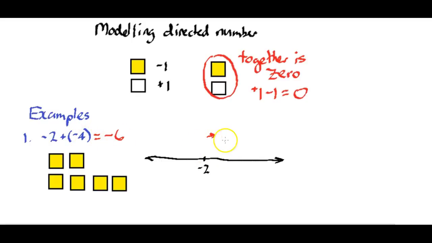So in effect, although I'm facing in the positive direction, I'm going to walk backwards 1, 2, 3, 4 steps. Let's see where we end up. Now 0's over here. So we're getting further away from 0, so that's -3, -4, -5, -6. So using the number line, we can see we get -6.